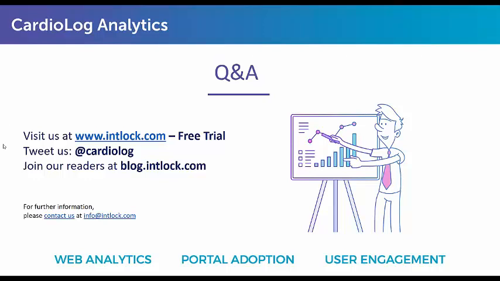Okay, so I have one question from Joseph who's asking, how does CardioLog Analytics actually collect the data? So this is a really great question. This is done through two main ways of collecting the data. First, we have a JavaScript tracking code that's implemented on each page of the SharePoint environment, so page tagging, or it can be on any site collection that you'd like to track.